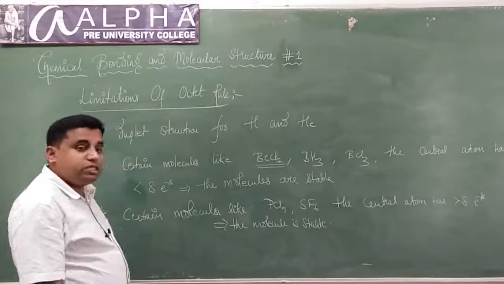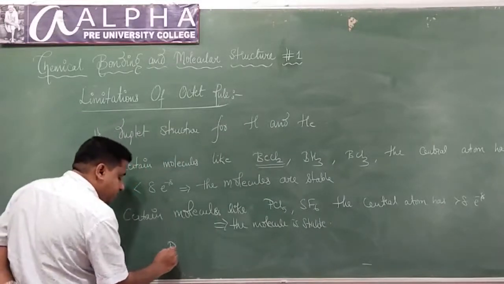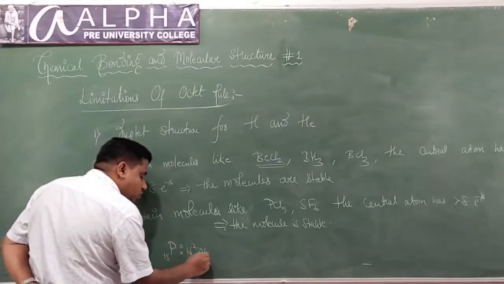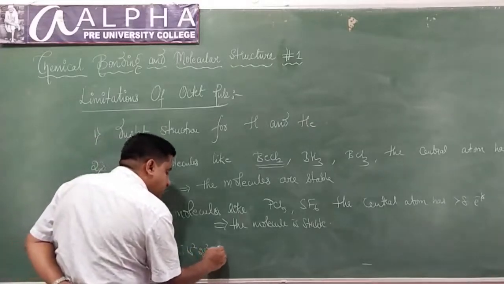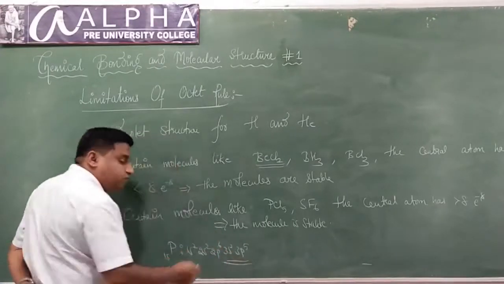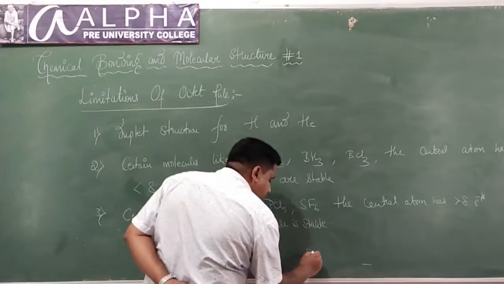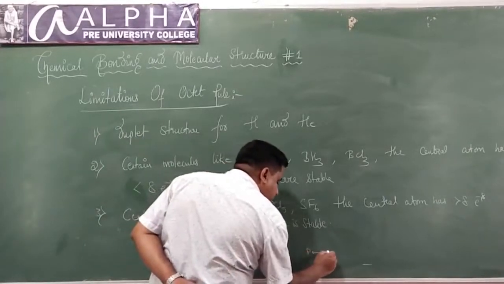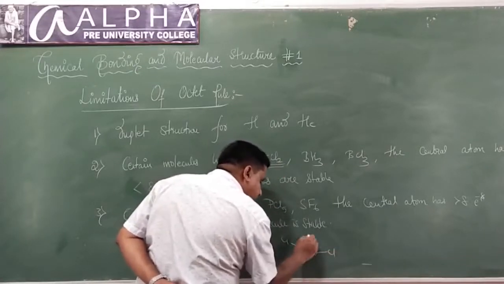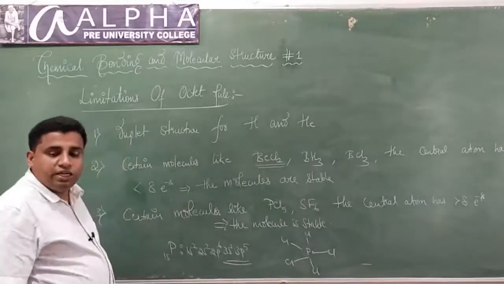For example, consider phosphorus pentachloride. The atomic number of phosphorus is 15. Its electronic configuration is 1s2, 2s2, 2p6, 3s2, 3p3. So phosphorus has 5 valence electrons and will share 1 electron with each chlorine.